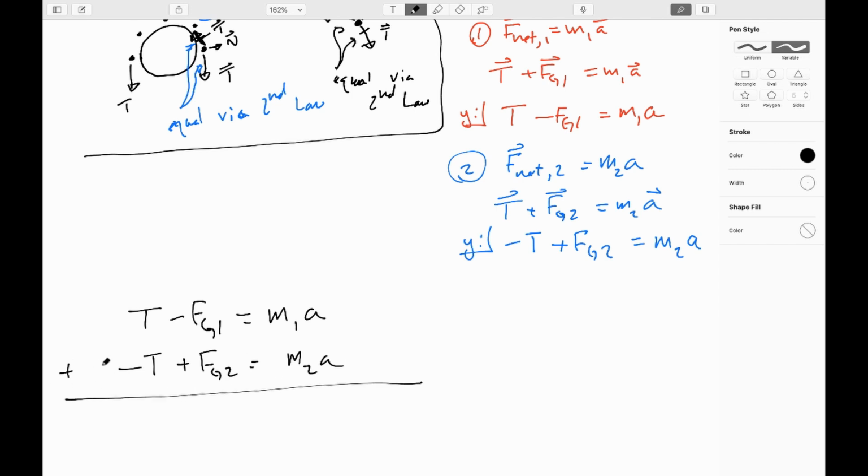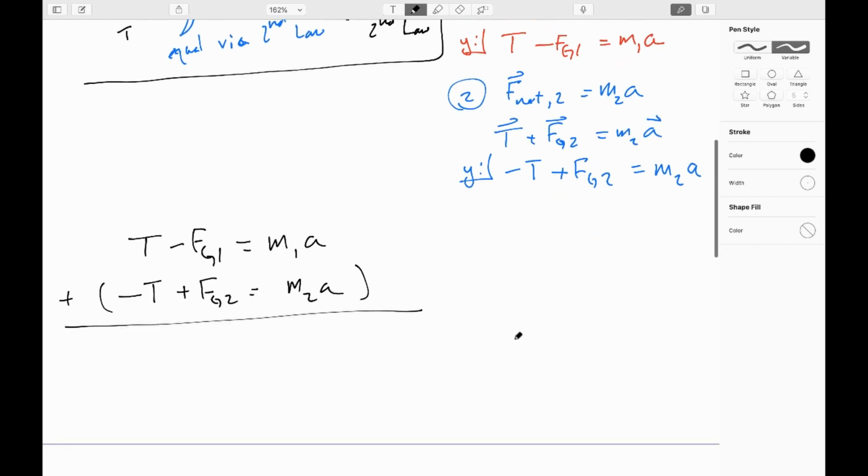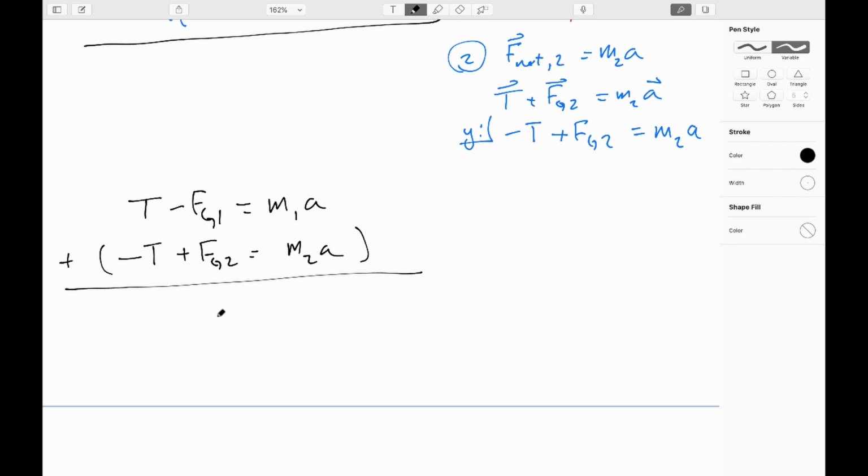So I'm just adding the two equations together. When I add them, T plus negative T is 0. And then I'm left with FG2 minus FG1 equals M2A plus M1A.